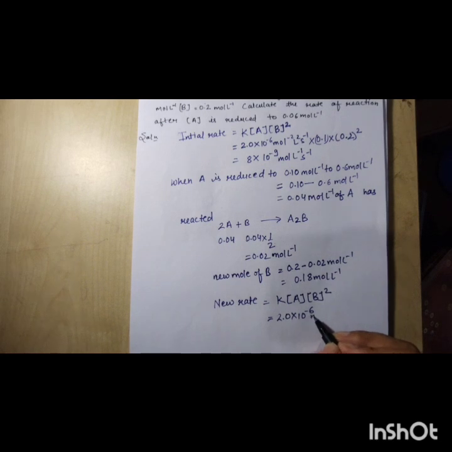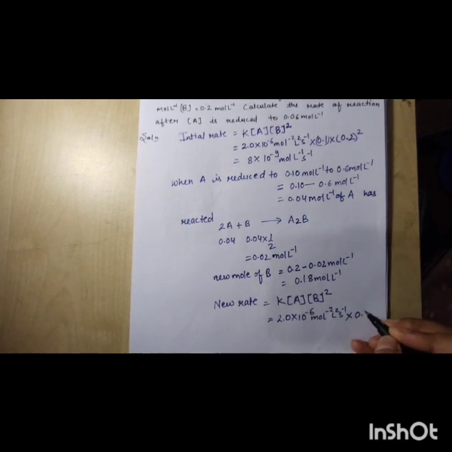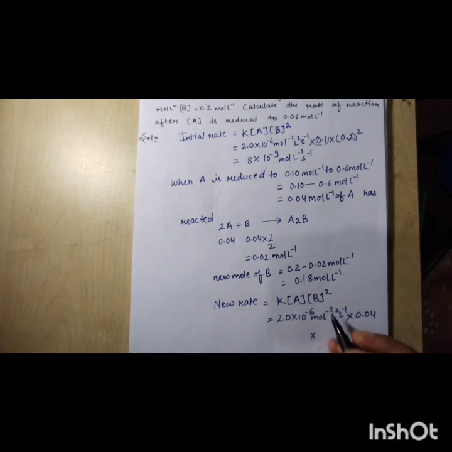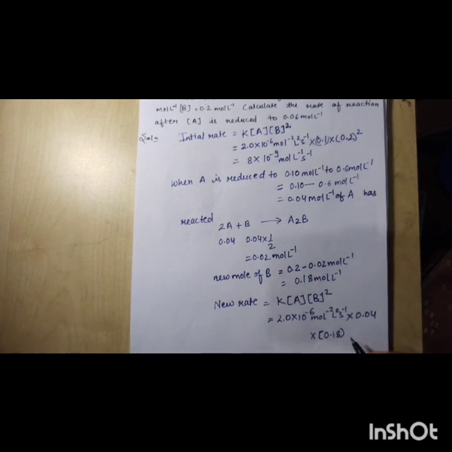The remaining concentration of A is 0.04, as we have calculated, and the remaining concentration of B is 0.18, and here the power is 2.